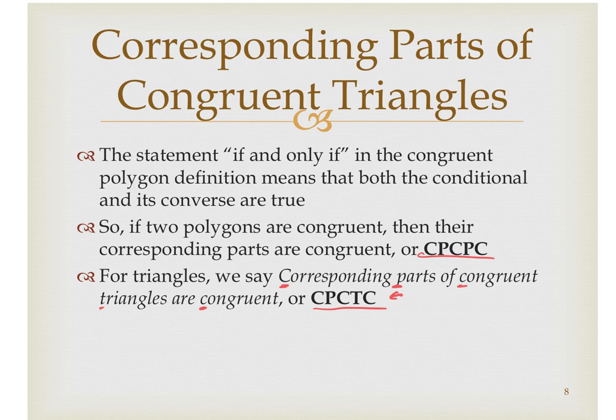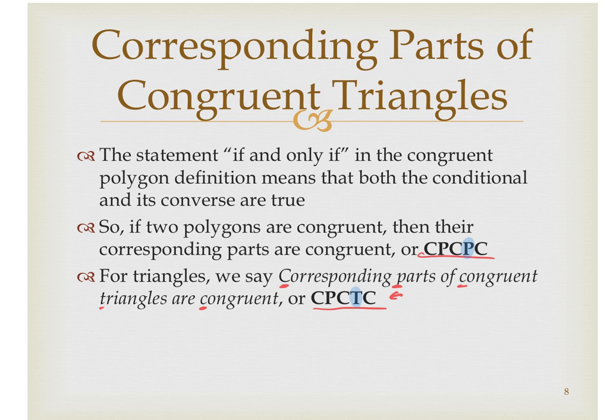Now, the difference between the 2 names is not a very big one. I mean, it kind of is, but not really. T versus P. They mean the exact same thing except for this one word. The P means polygon. So this one says that corresponding pieces of congruent polygons are congruent.